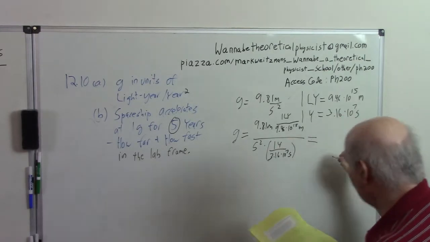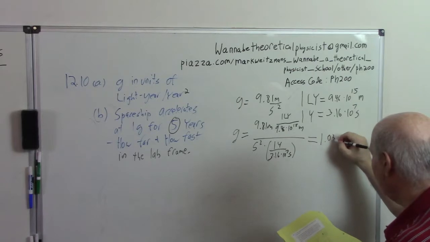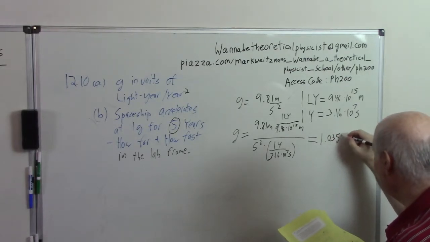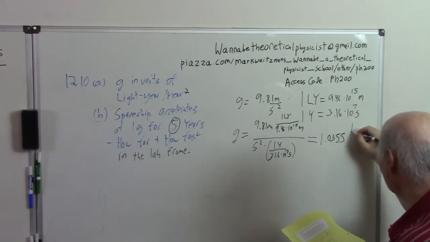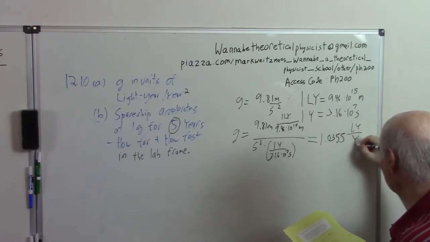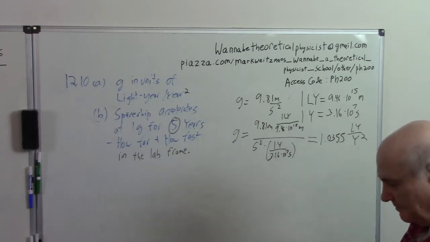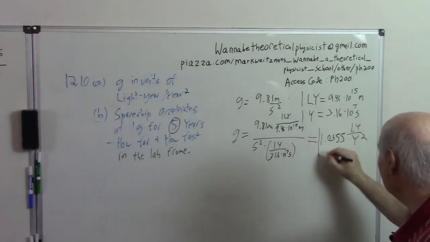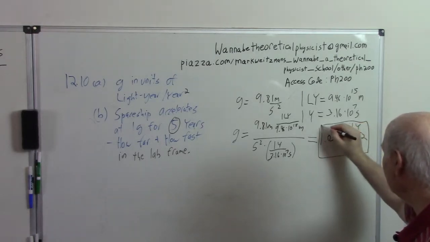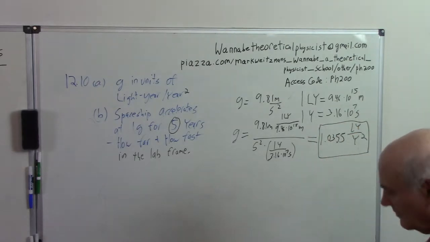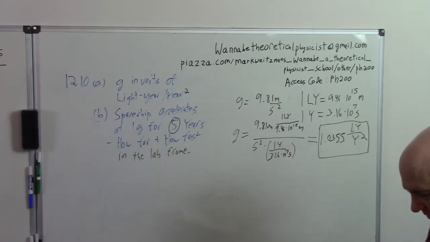And this works out to 1.0355 light year per year squared. So that's the answer for that. And many times in these problems they just say assume it's 1, but we'll use the more accurate number.